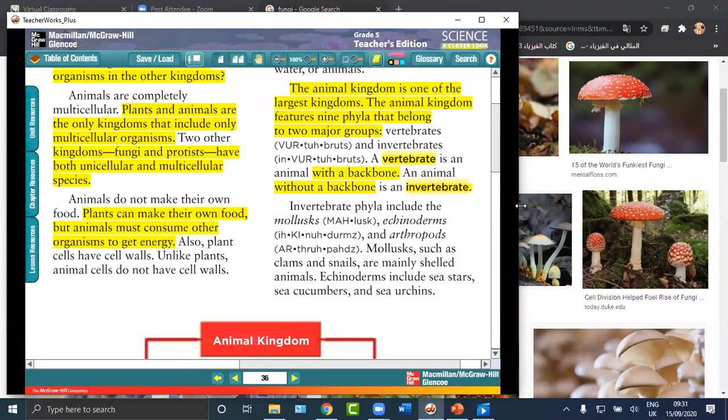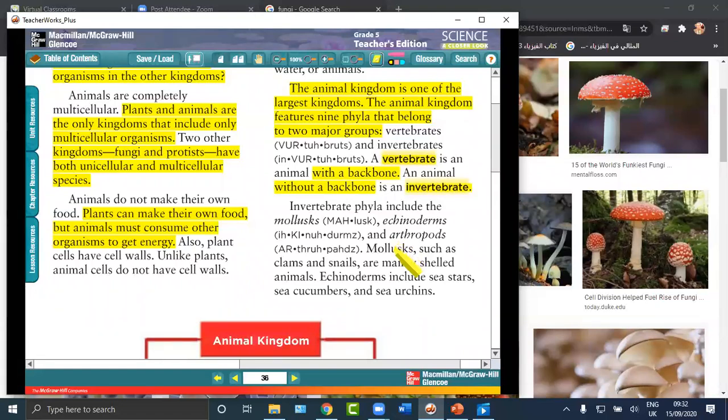Marwan, yes. Can you give me an example of a vertebrate, an animal with a backbone? Okay, an elephant. Yes, elephant.